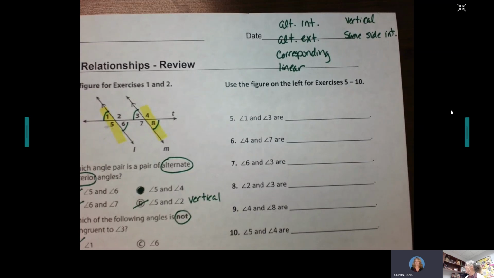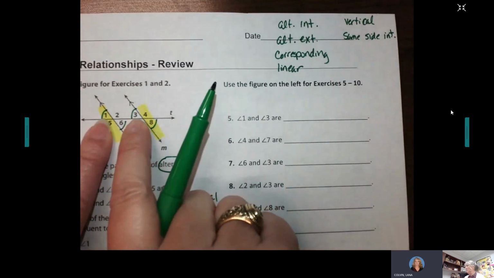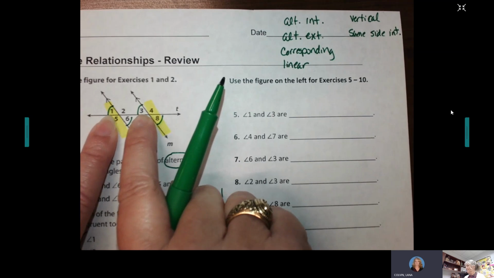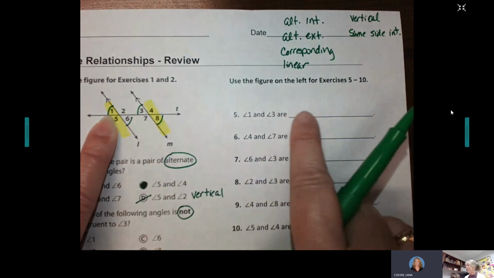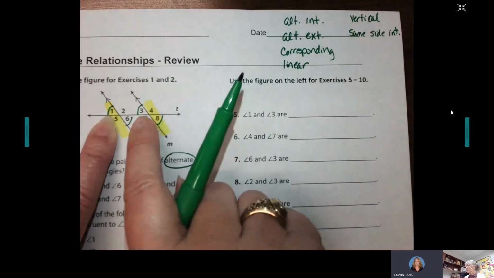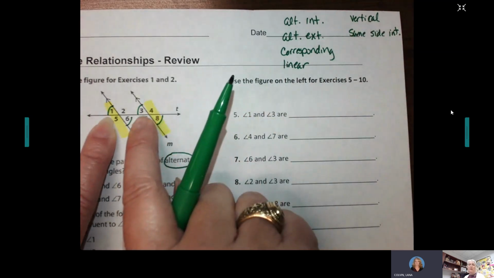All right, so angles 1 and 3. What kind of angles are those? Yeah, vertical. Oh, no, I'm sorry. I thought you were asking if that word was vertical. What kind of angles are angles 1 and 3?